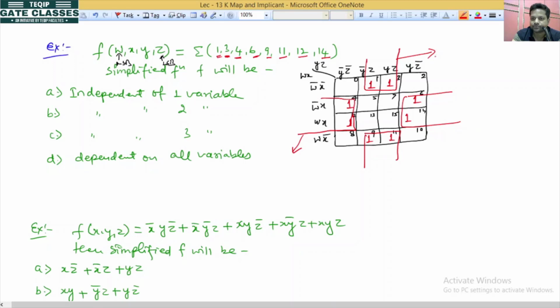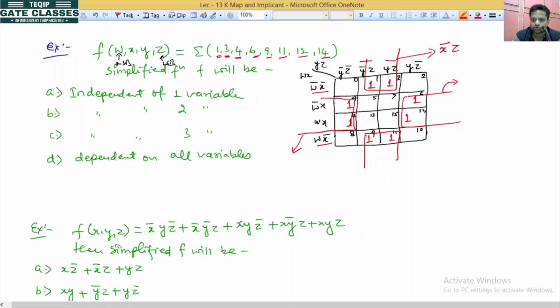So write the expression for those. What is common in this and this? We have x bar, and for this one we have z. So it is x bar z. Now go for this.